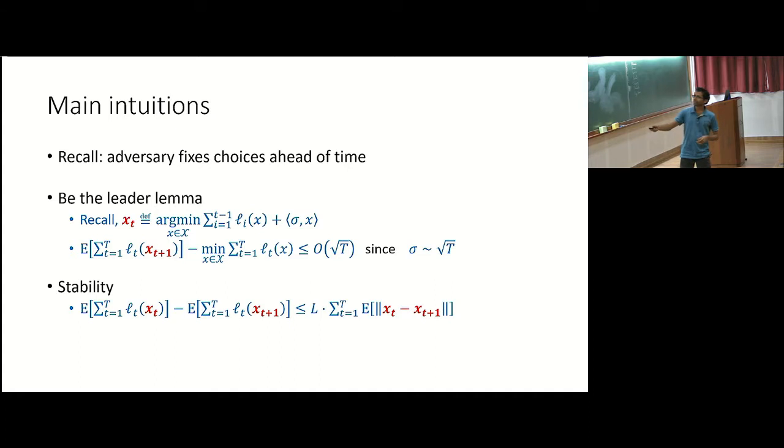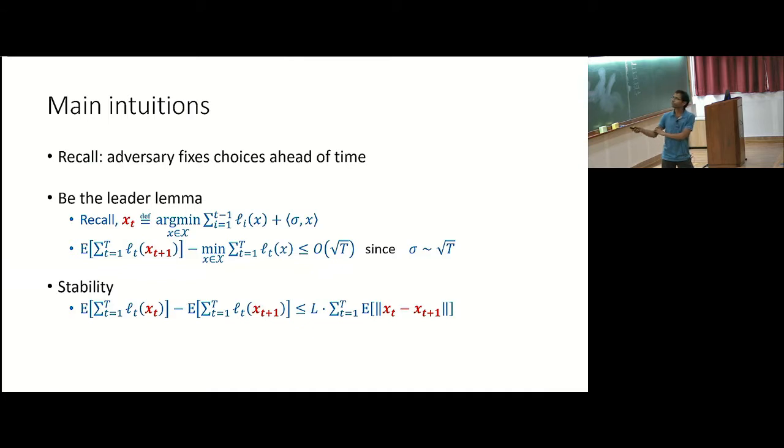The second lemma basically says that because you're adding some amount of sigma here, there is stability in your right rates, meaning that the xt's and xt plus 1s do not really differ much. Because LTs are Lipschitz, the loss difference between xt and xt plus 1 is directly limited by L, the Lipschitz constant, times the distance between xt and xt plus 1, right? Because I'm adding a sigma in the optimization, I'll be able to show that if sigma is very large, then this dominates this term, and the xt and xt plus 1 are essentially the same.